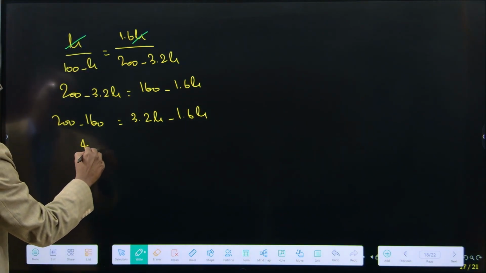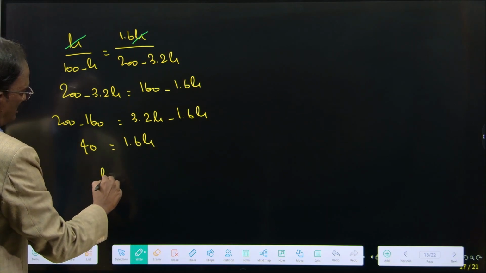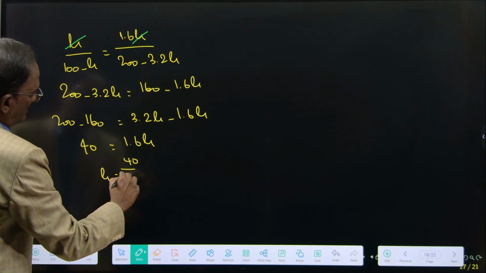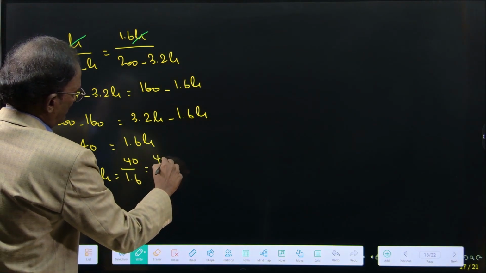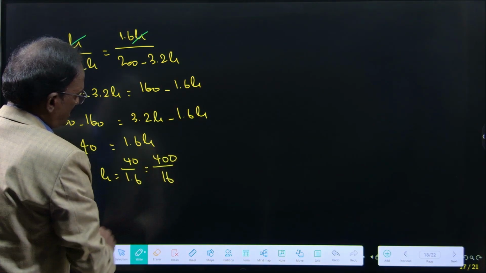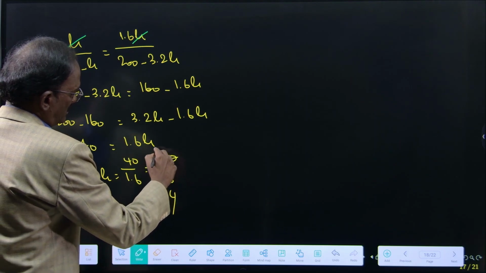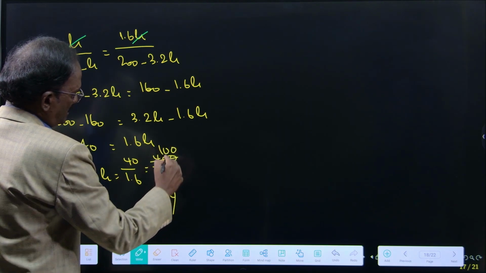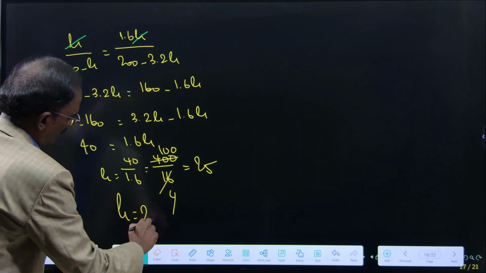This is 40, and this is 1.6 L1. So L1 is equal to 40 divided by 1.6. This can be written as 400 divided by 16. 4 fours are 16, then 100 by 4 is 25. L1 is equal to 25 centimeter.